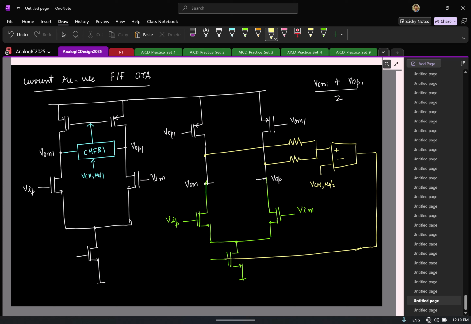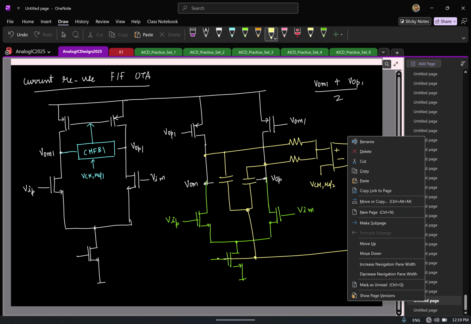Obviously one end is connected to the gate. Let me put it here. Where should the other end be connected to? I have two outputs, so I'll have one capacitor connected like this, another capacitor connected like this. This is how it's going to look.